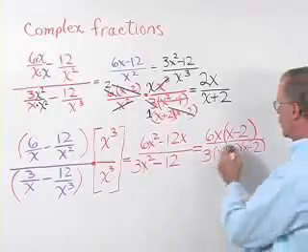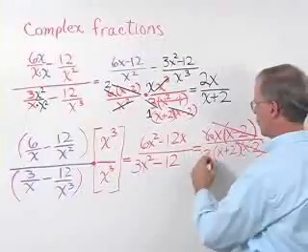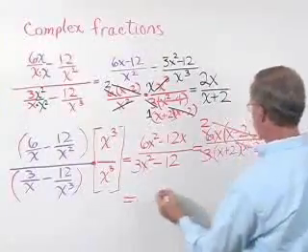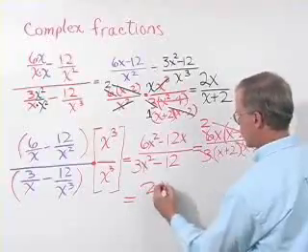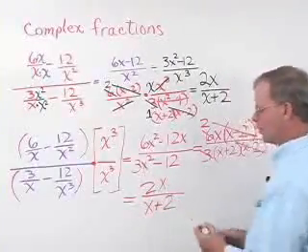And we'll see that we can cancel out the x minus 2's. We can cancel the 3 and the 6. And we'll wind up with the same answer, 2x over x plus 2.